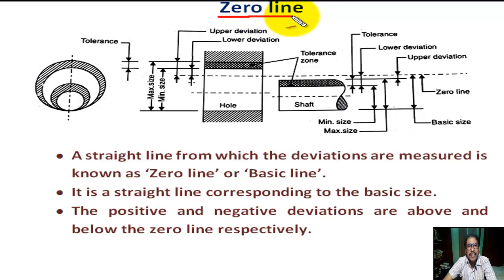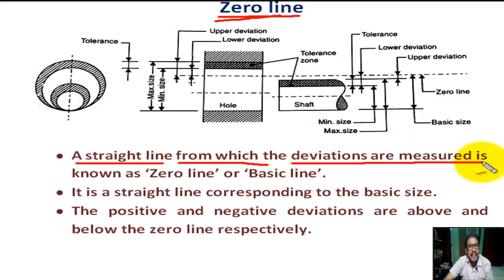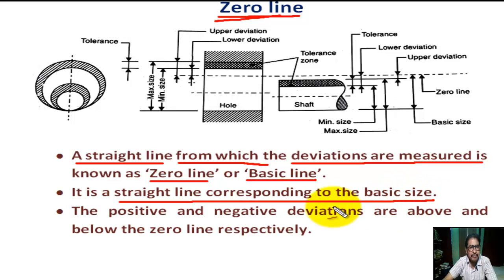Now, what is zero line? A straight line from which the deviation are measured is known as zero line or basic line. It is a straight line corresponding to the basic size.